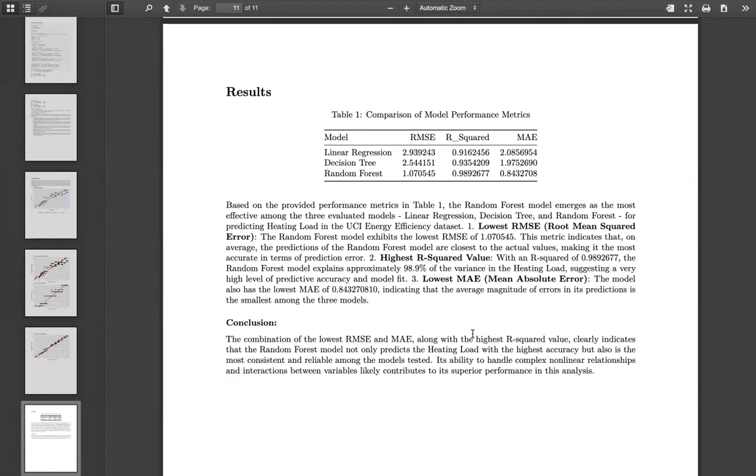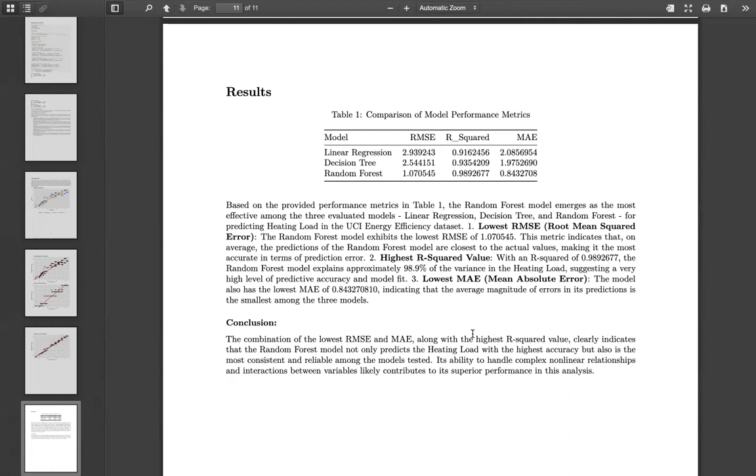Also, because the variables were not of the same distribution, it might have performed better than the linear regression, even though I tried to standardize the data. I'd also like to say that the random forest obviously performed better than the decision tree because it's an ensemble model. It involves all these different decision trees. So obviously, random forest is the best one.